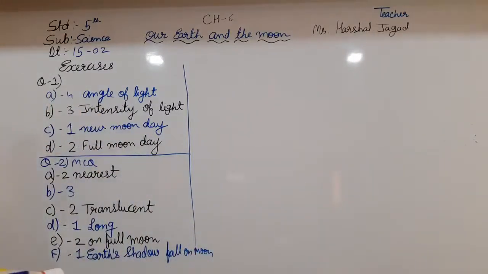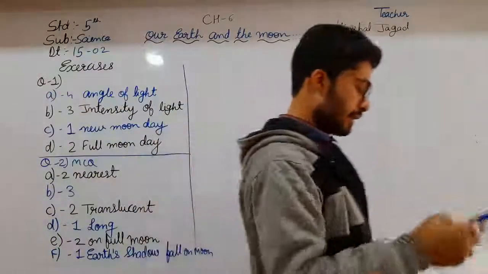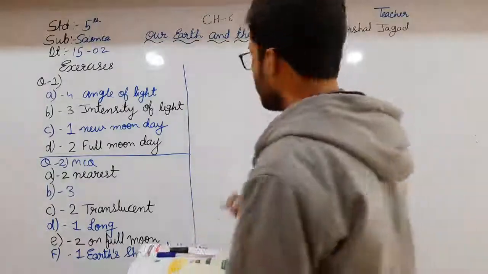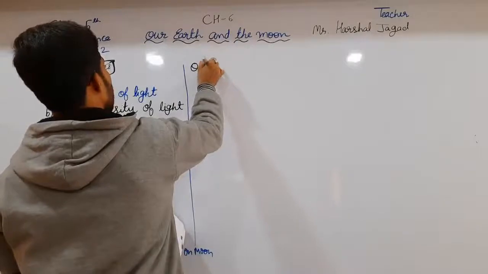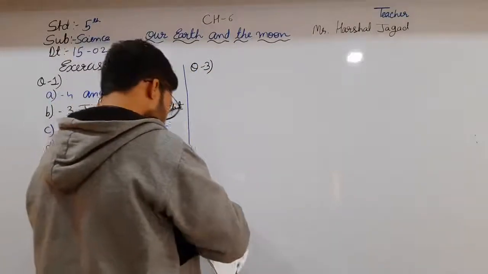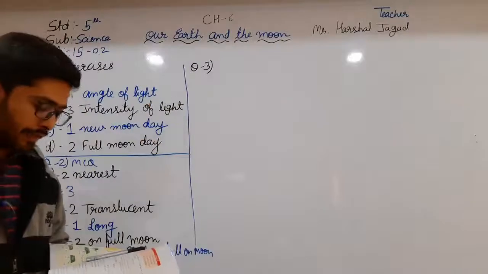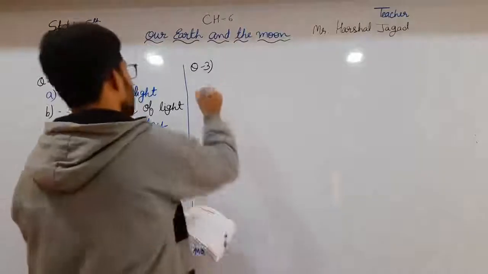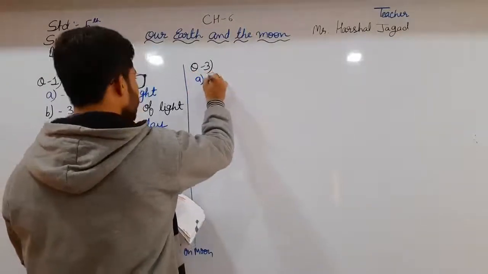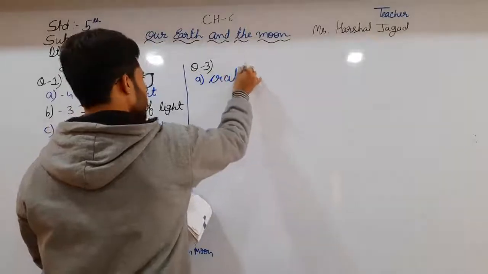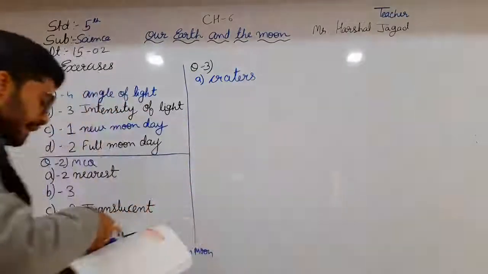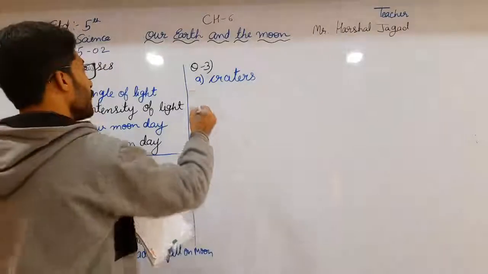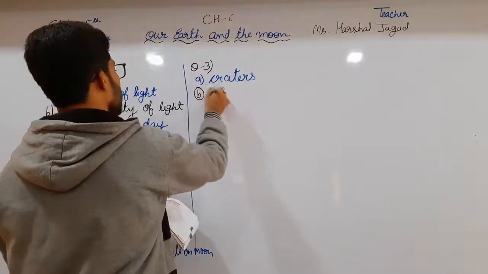Now moving towards question number 3, fill in the blanks. The first one, the moon surface is heavily pitted with dash, that is A, craters. B, the moon is Earth's only natural dash, that is satellite.